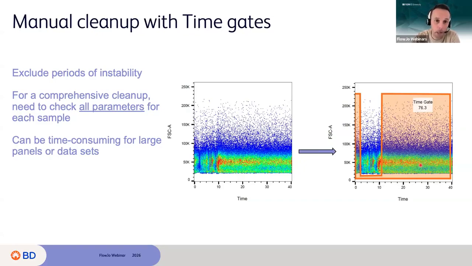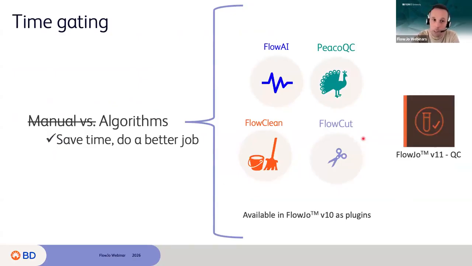So to have a better result and better QC, it's better to use algorithm to do the QC. They're going to save you time and they're going to do a better job than doing this time gate that we used to do.